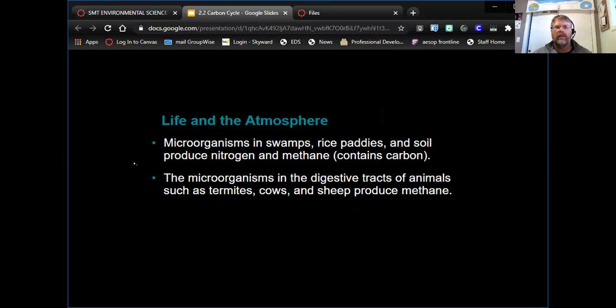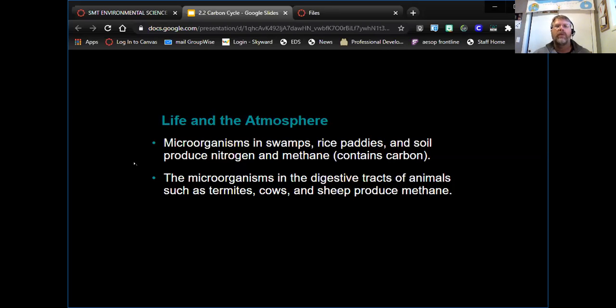If we're looking at life in the atmosphere, microorganisms in swamps, rice paddies, and soil produce nitrogen and methane. Methane is another molecule that contains carbon and is in the air. These microorganisms are also in your digestive tracts. You and I have some microorganisms inside our intestines and stomach, and they help us eat.